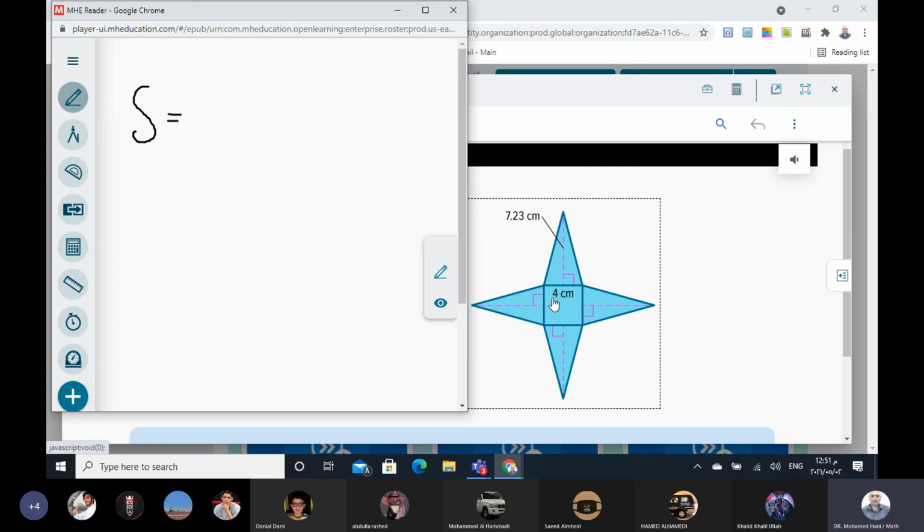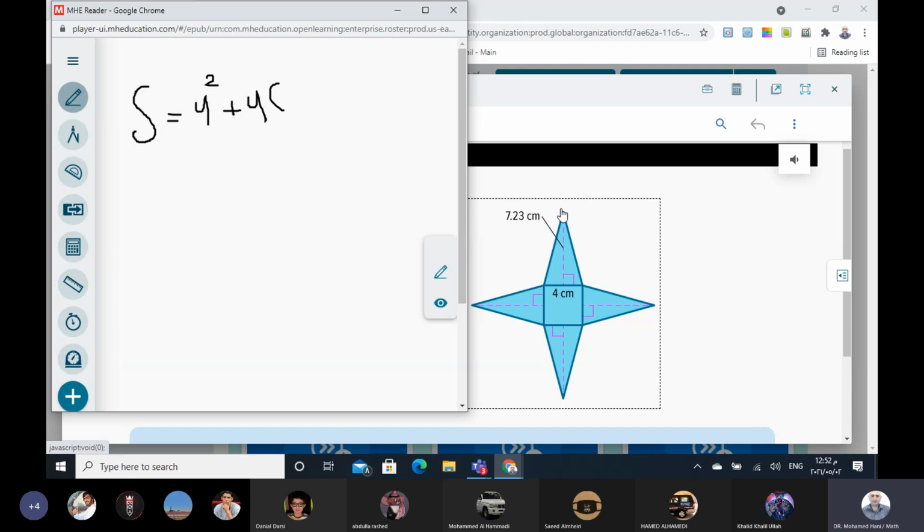Take the length of the side, then square it. That means take 4 squared, or 4 times 4. 4 times 4 plus, we want to find the area of the lateral faces, but here we have 4 congruent lateral faces, so multiply by 4 times the area of the lateral face.